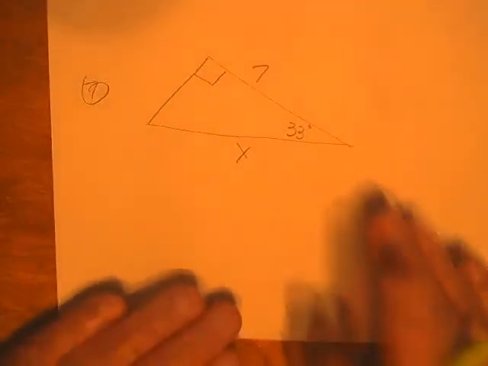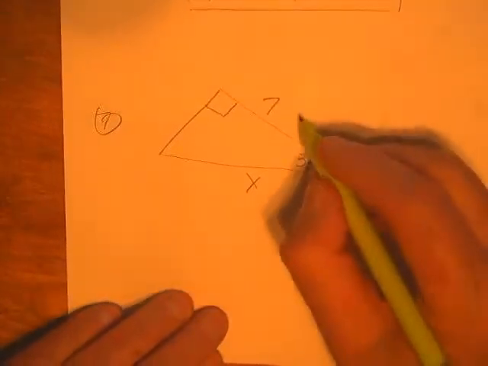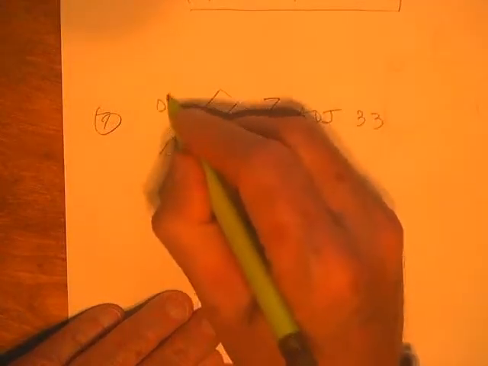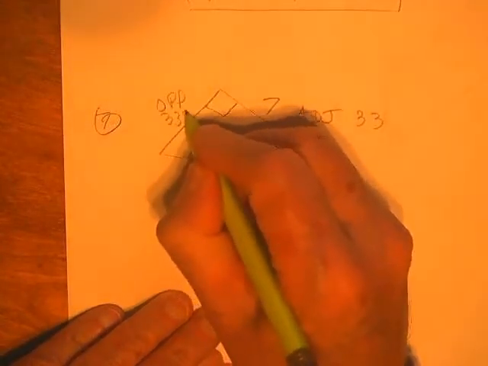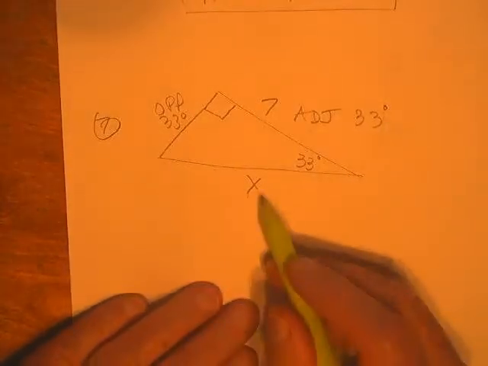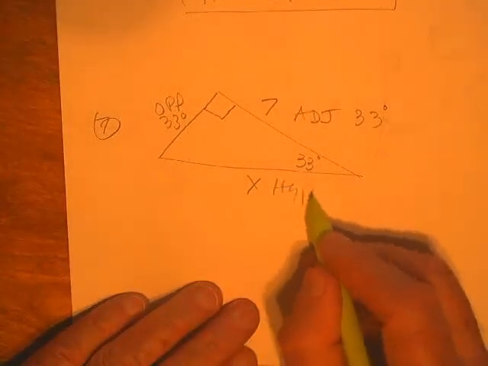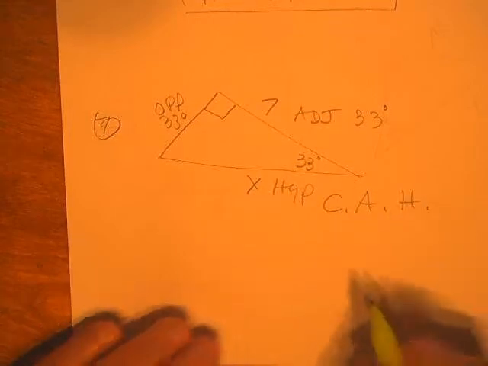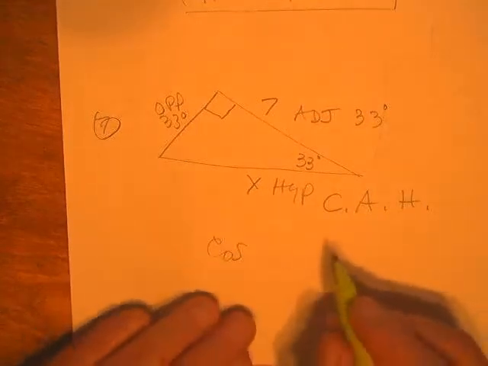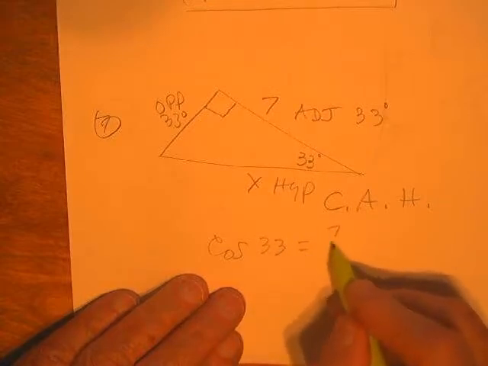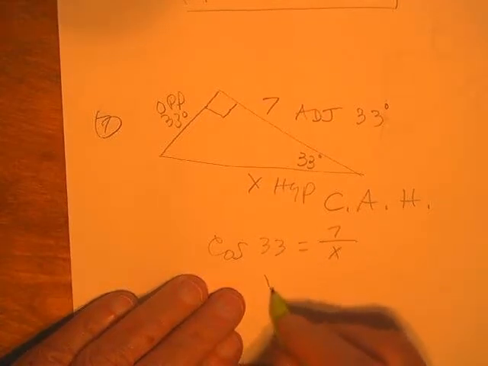So that one's okay. Come down here on this one. This is adjacent to 33. This side over here is opposite 33 degrees. I want to find the hypotenuse. That's adjacent and hypotenuse. That sounds like cosine to me. Cosine 33, adjacent over hypotenuse.